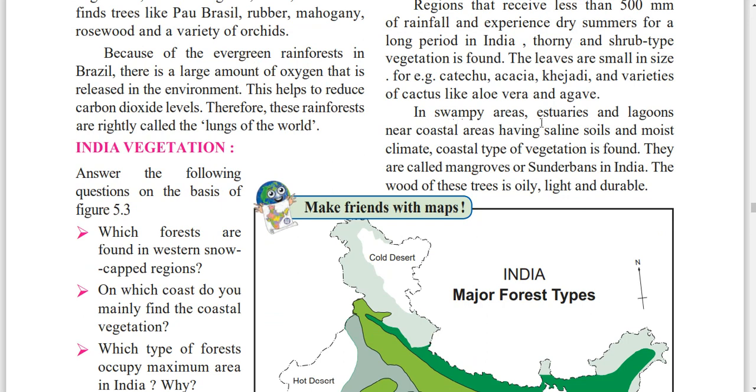In swampy areas, estuaries, and lagoons near coastal areas having saline soils and moist climate, coastal type of vegetation is found. They are called mangroves or sundarbans in India. The wood of these trees is oily, light, and durable.